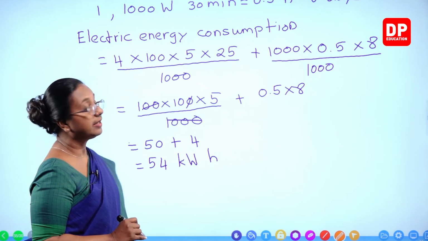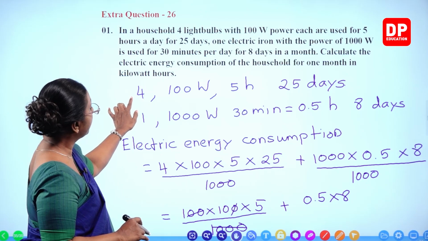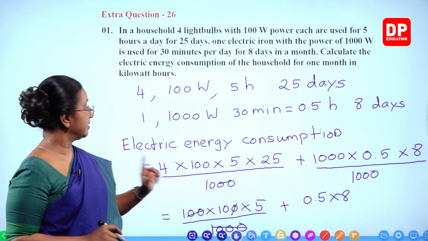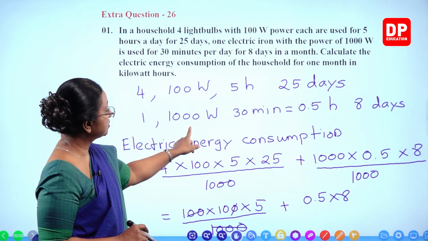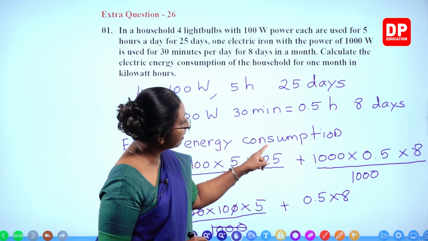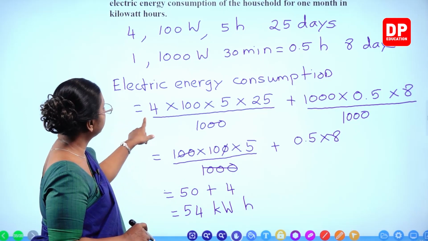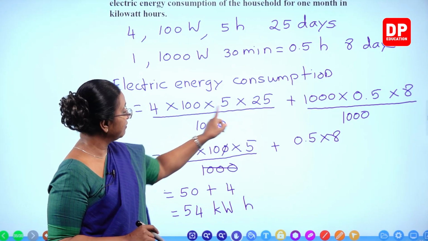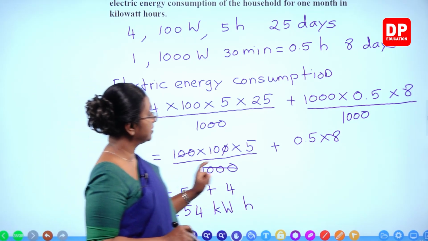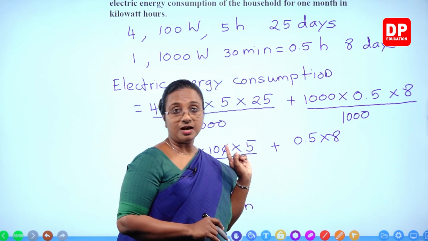That is the electric energy consumption. So here look at the question. 4 bulbs, 100 watts each, 5 hours per day, like that 25 days. 1 iron, 1000 watt iron, 30 minutes, that is equal to 0.5 hours, 8 days. So electric energy consumption: 4 into 100 into 5 into 25, you have to divide by 1000 to convert it to kilowatt hours. 1000 into 0.5 into 8 divided by 1000.